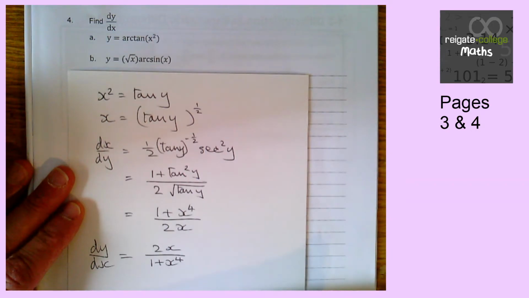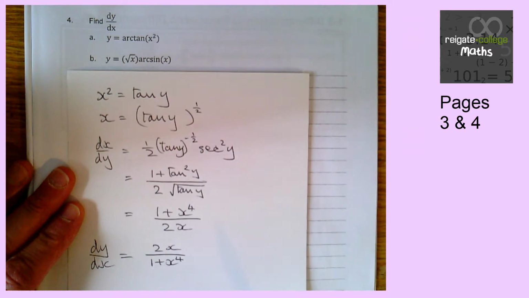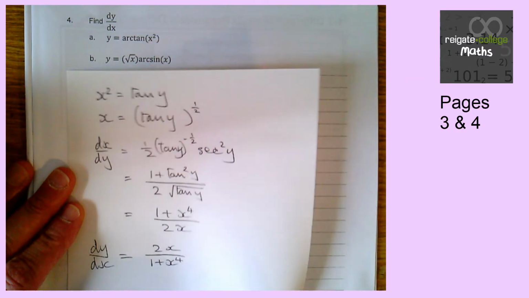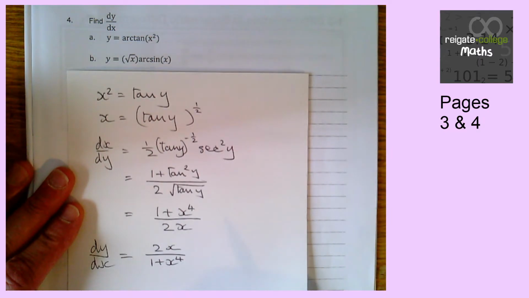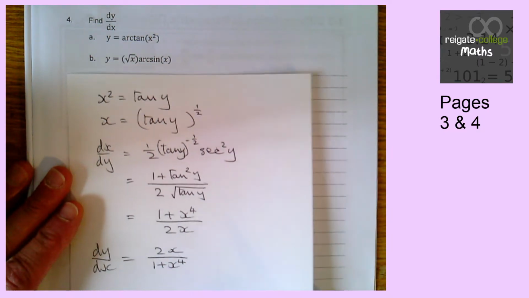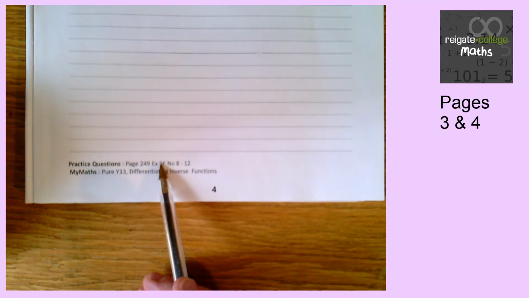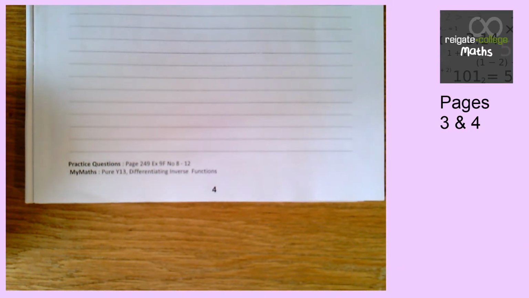So that is a way that you could do it using single maths. In an exam for the single maths A-level, you would be given some help with that, some suggestion for how to solve this question. I just quickly want to say something about the questions to do. In exercise 9F, question 8 is a good question to do.